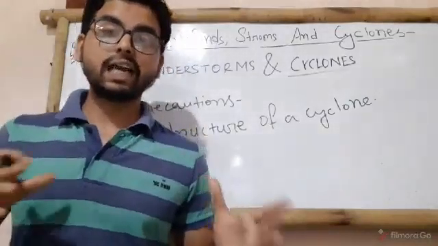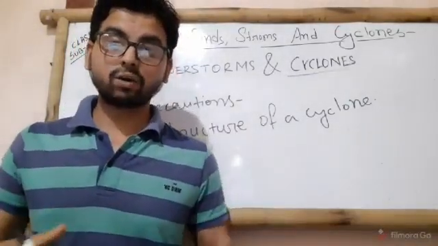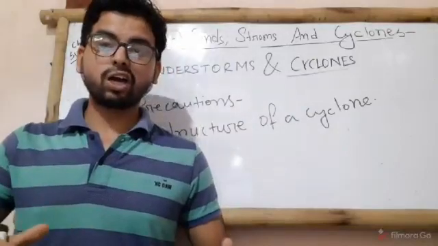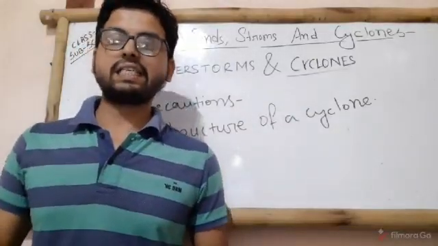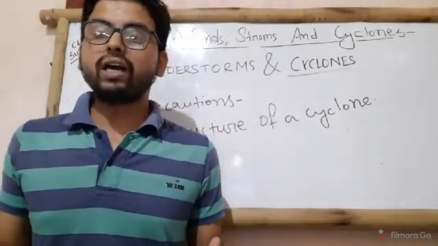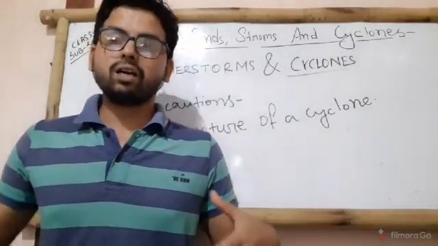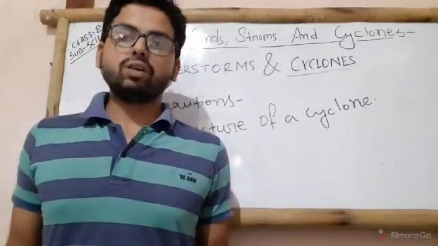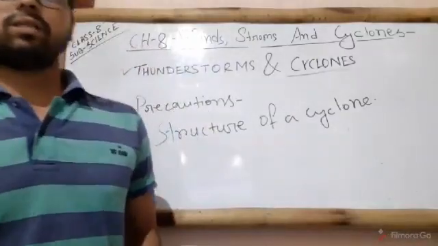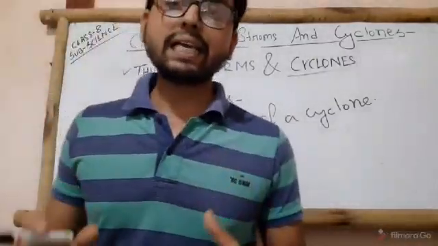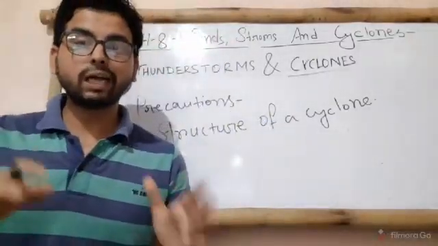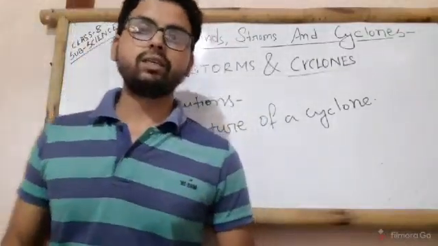The center of the cyclone is called the eye of the storm. It is a clear area where there are no clouds but only light winds. This area ranges from 10 to 30 kilometers in diameter. Clear?